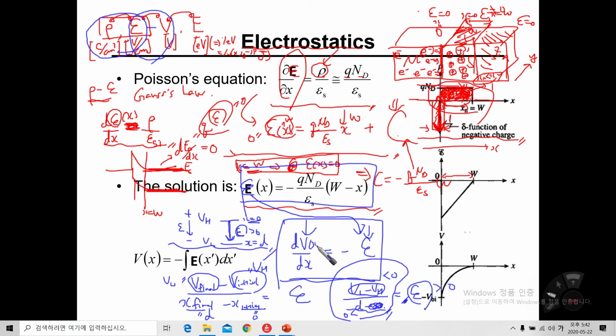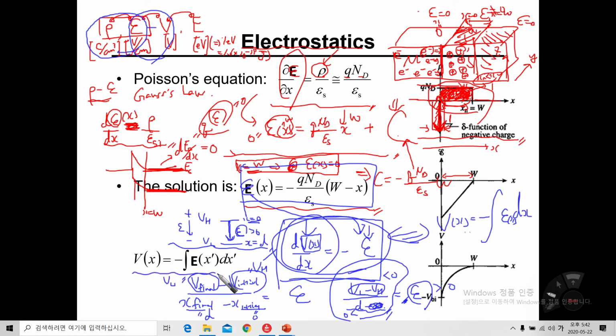Then you can get the potential as a function of x if you can solve this first order derivative equation. This is identical to V(x) equal to minus the integral of the electric field dx. Of course, this electric field is a function of x.